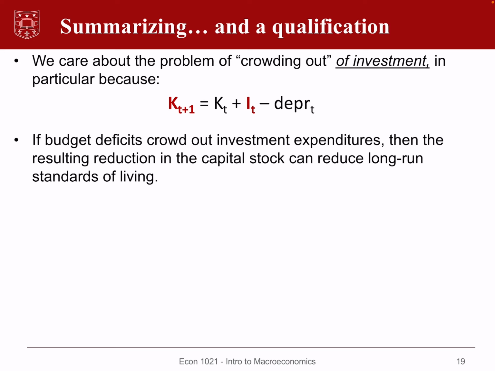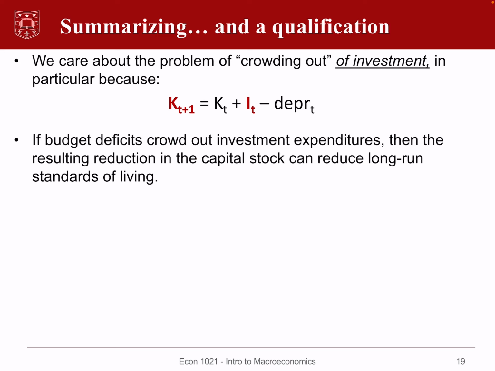And so if budget deficits crowd out investment expenditures, so it could be that it crowds out consumption, could be that it crowds out trade or that net exports fall. But if budget deficits crowd out investment expenditures, then this is going to result in slower growth in the capital stock and slower improvements in our long run standards of living, as we'll see again, hopefully at the end of the semester.